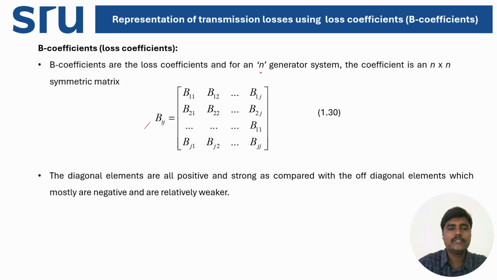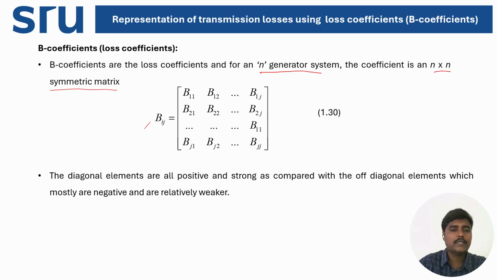For an n generator system, the loss coefficient matrix will have n by n size. Basically, the loss coefficient matrix is a symmetric matrix.